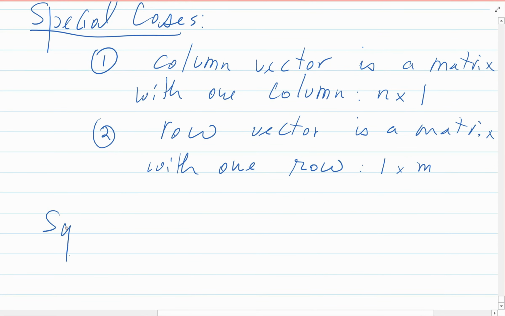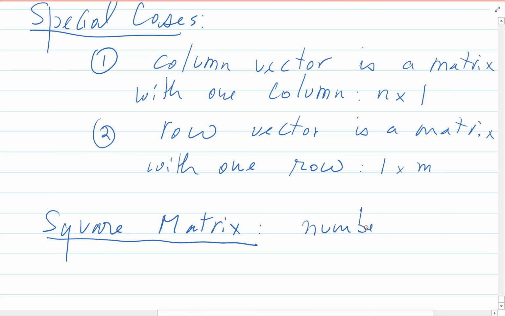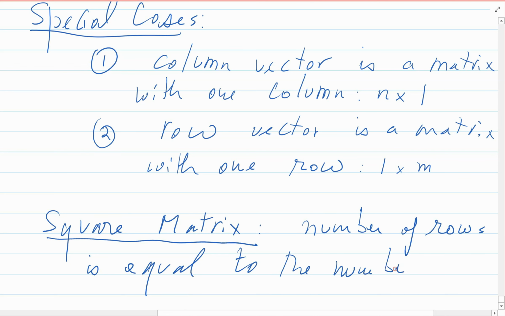The concept of square matrix. This is the case when the number of rows is equal to the number of columns.